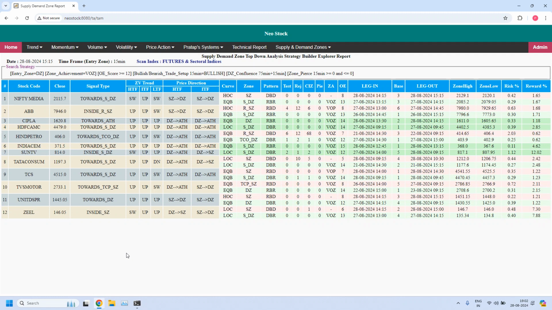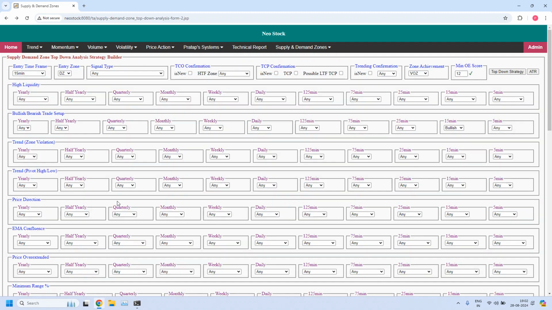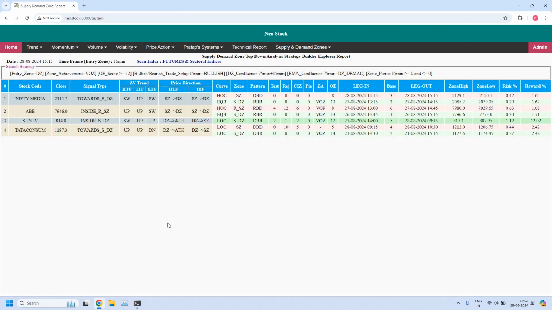Now out of these 12, because ITF trend is uptrend, how many of these zones are having confluence with daily EMA confluence? The 75 minute zones having daily EMA confluence. So in the 75 minute zone, 75 minutes demand zone having daily EMA confluence. 4 stocks are filtered.